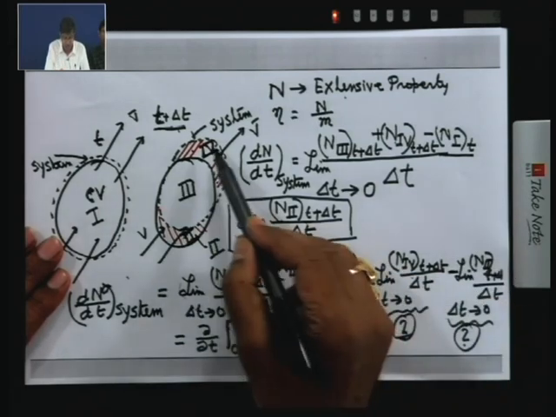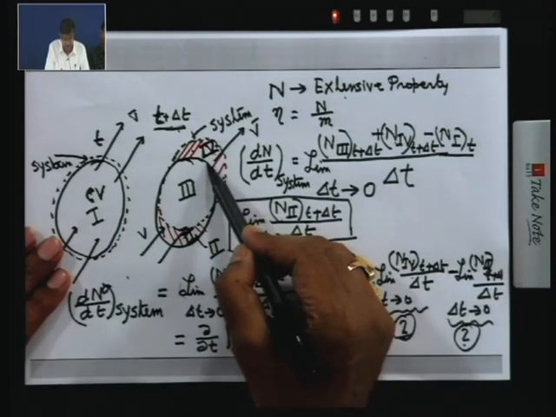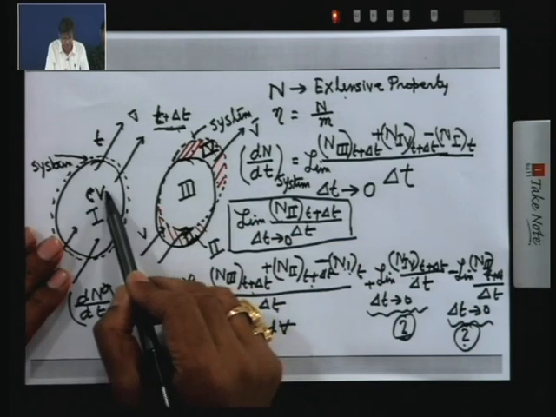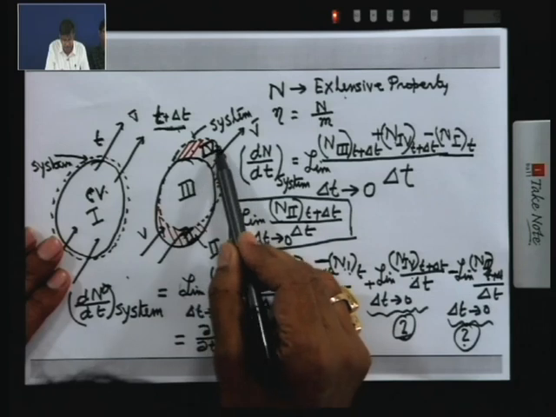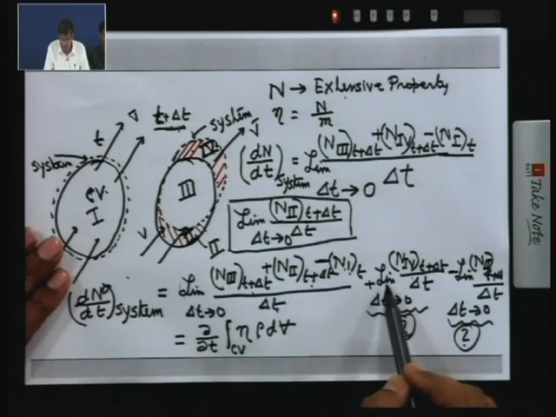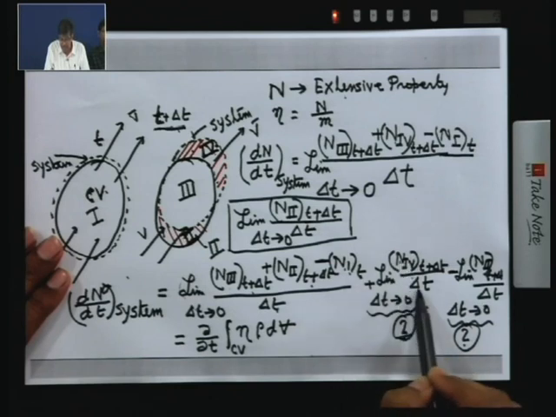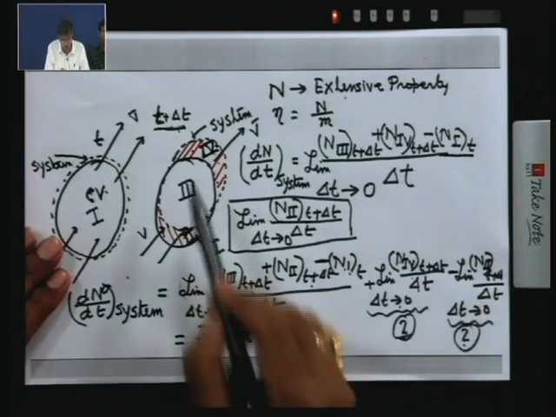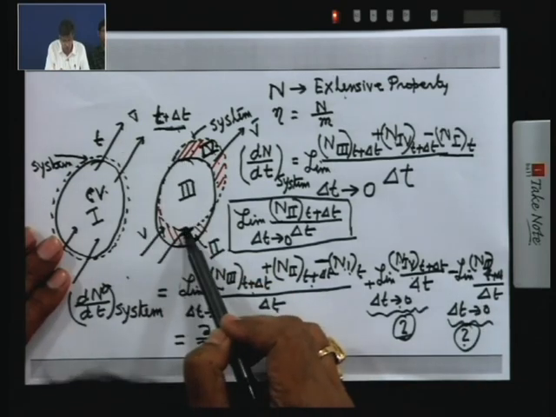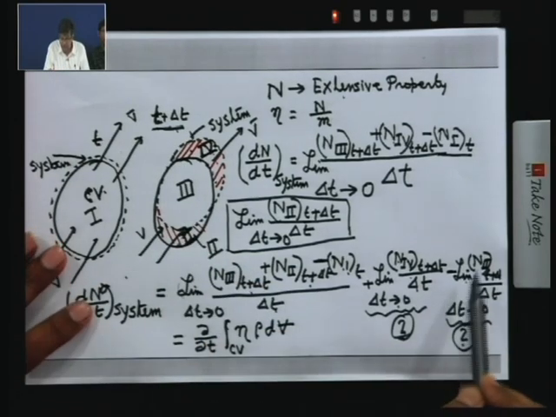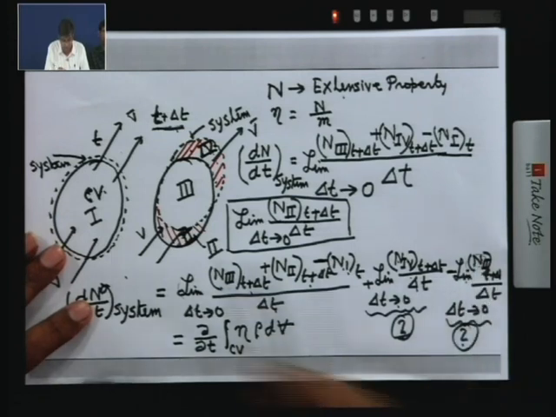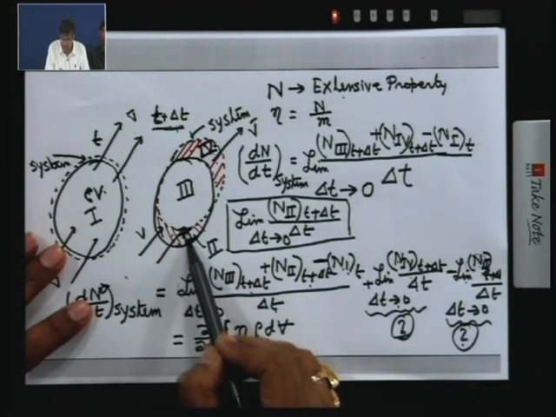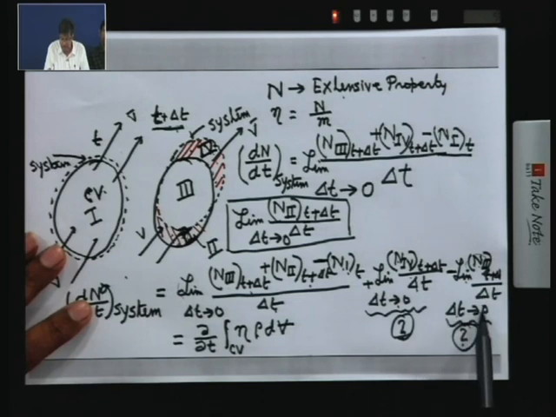Here is the concept: the control system coincides with the control volume like this at the initial time t. Understand? That means when this intercepted volume collapses, what is the meaning of the limit of n divided by delta t as delta t tends to 0?